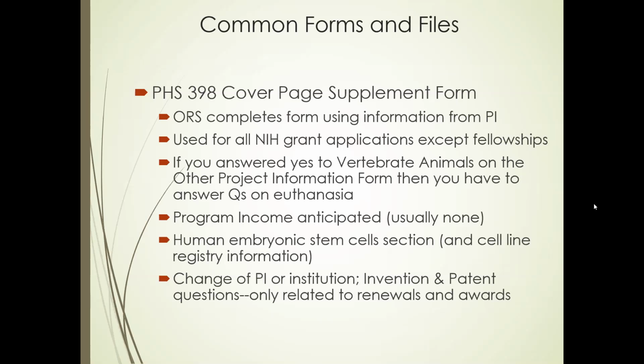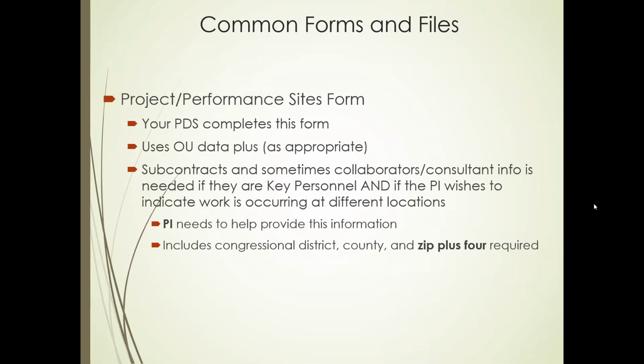There's also questions about embryonic stem cell usage. And if it's a renewal type of submission and you're going to be changing the PI or the institution, or you need to declare inventions or patents. Those are the types of questions that are on this supplemental form.